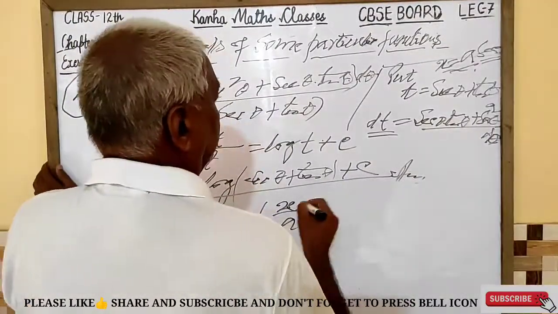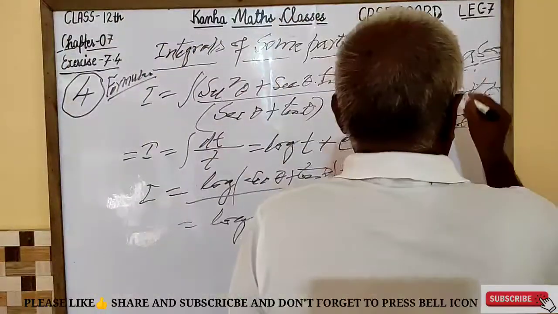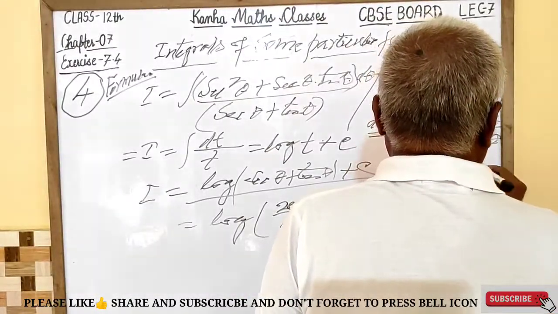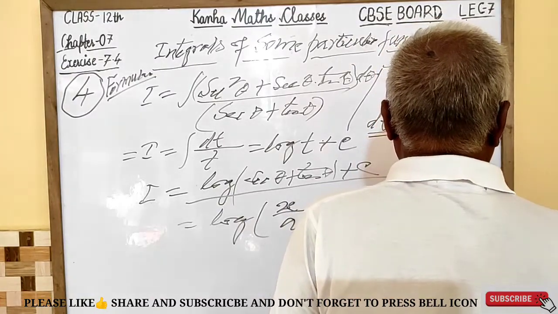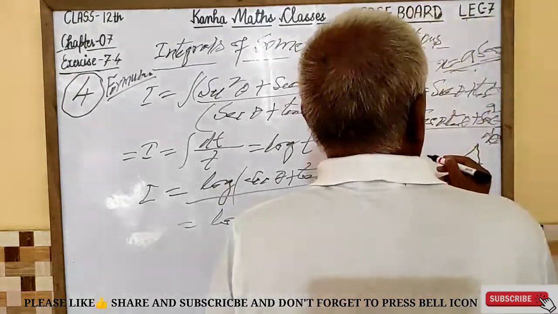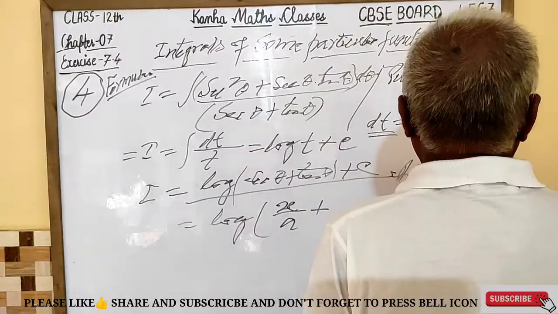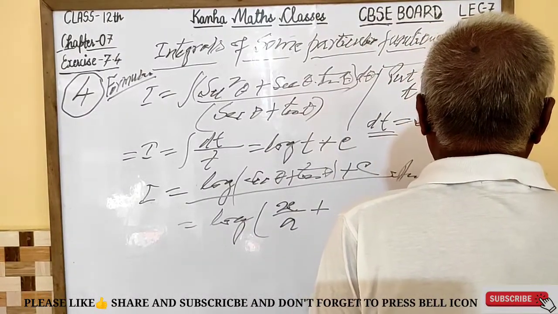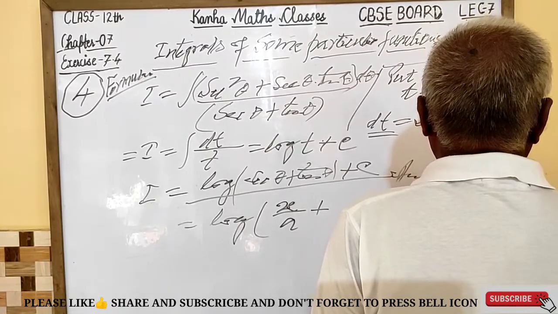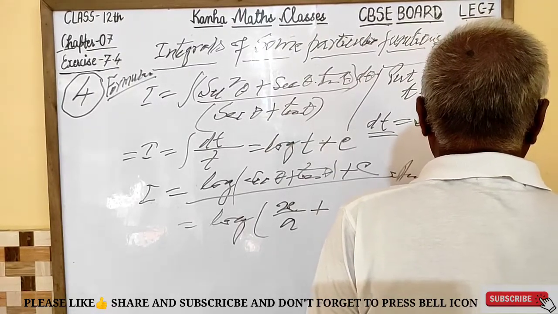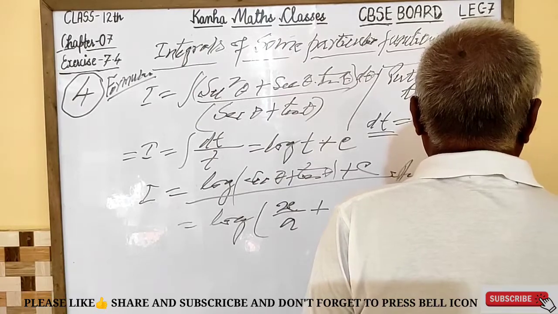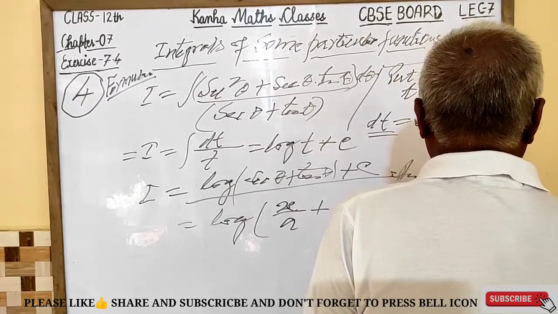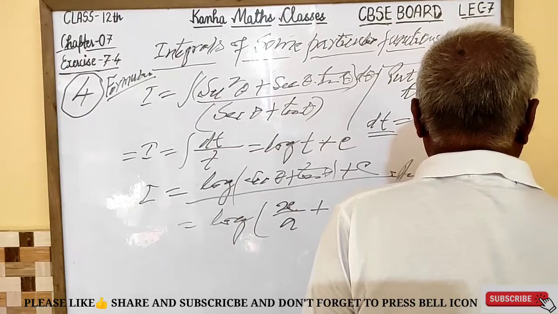And tan theta, by virtue of this substitution, we may find out: sec theta is equal to x by a, and tan theta will be equal to root of x square minus a square, over a.